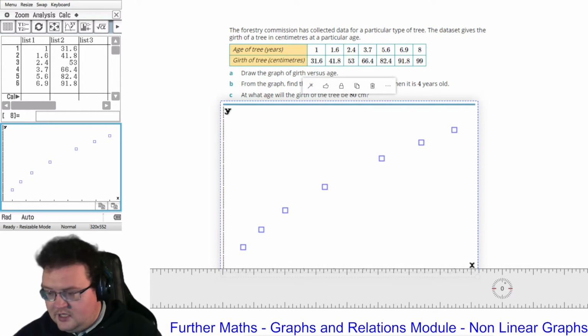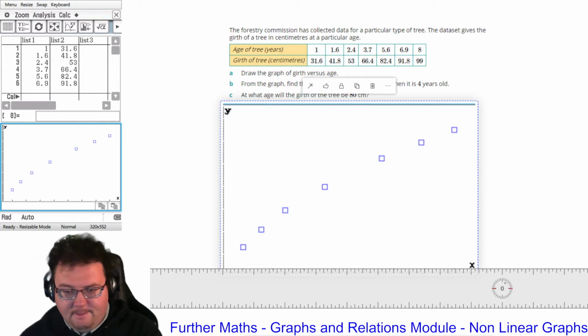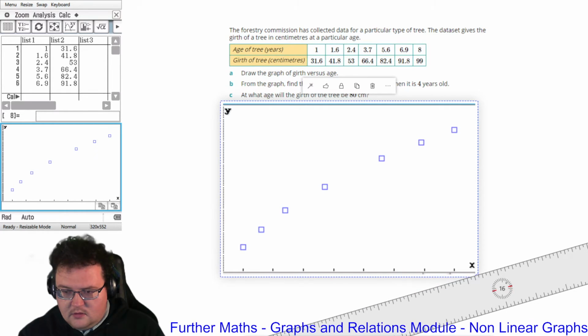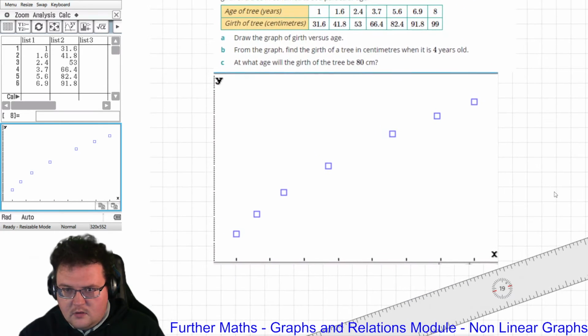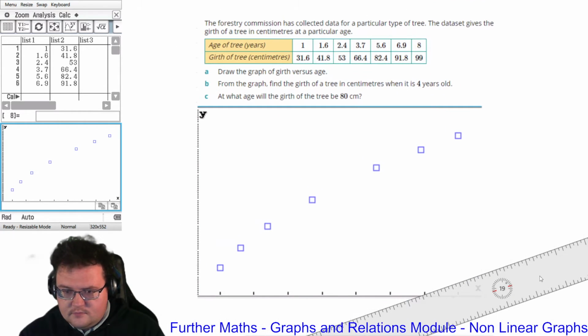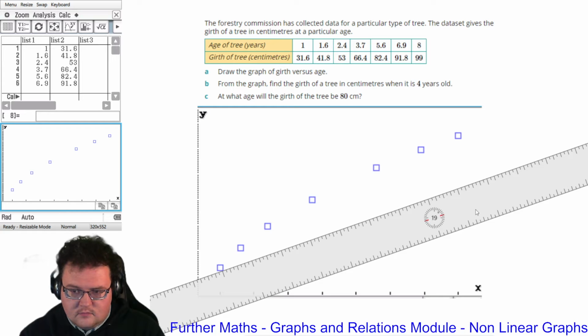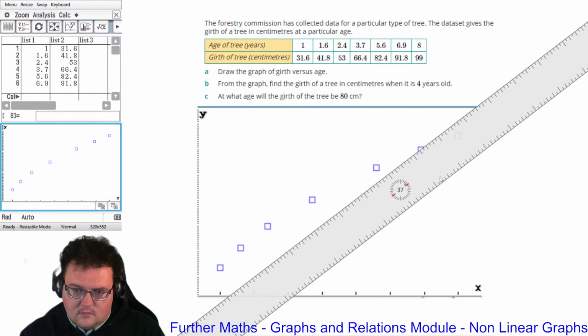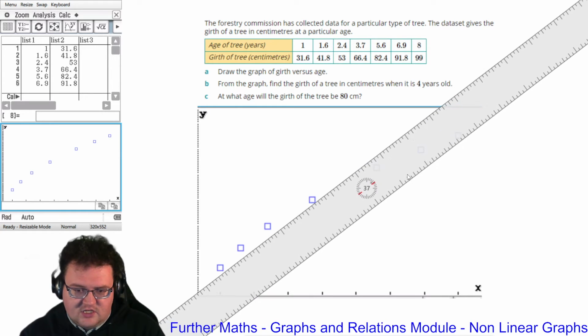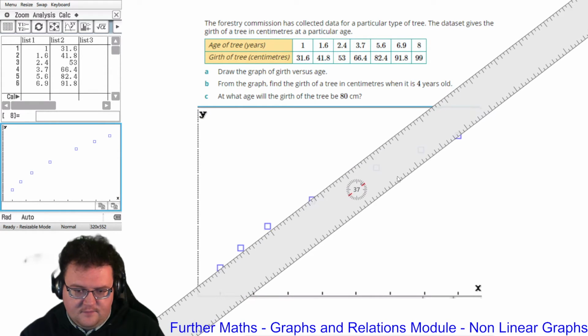If I was to, so let's actually connect the dots up. Yeah, it's got a very slight curve.